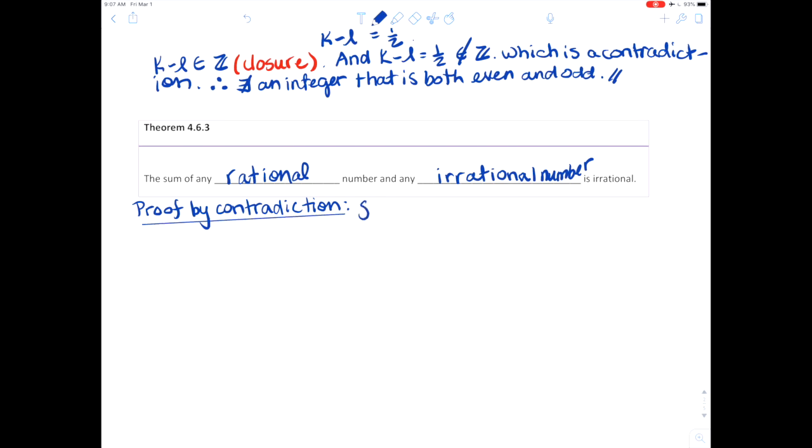So, what would we suppose? There exists a rational number R and, what's the definition of a rational number, right?